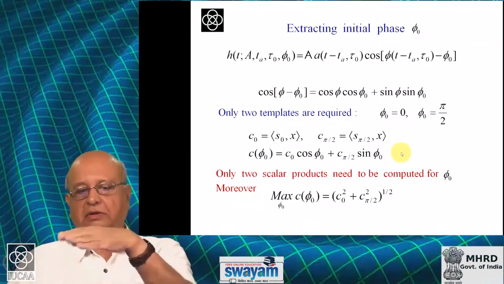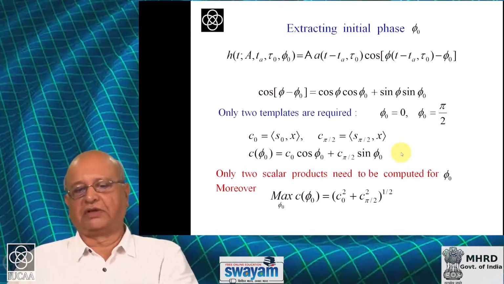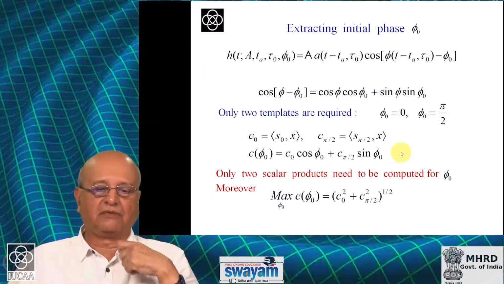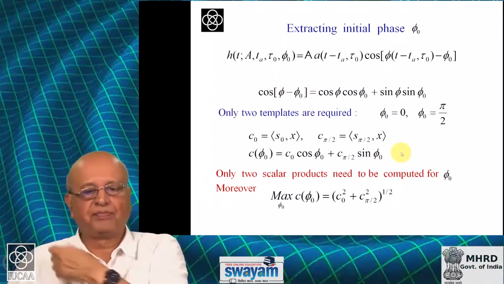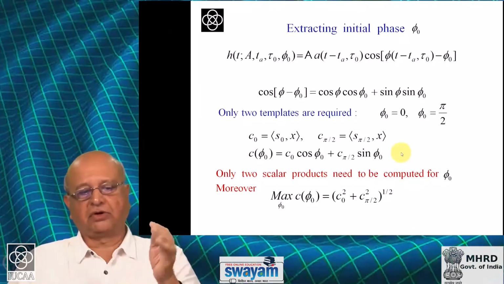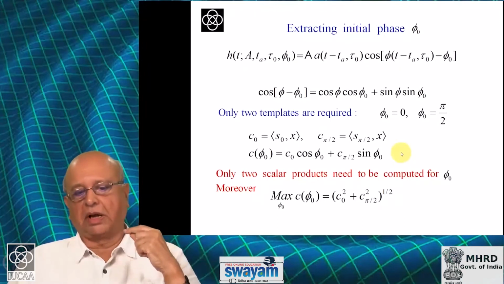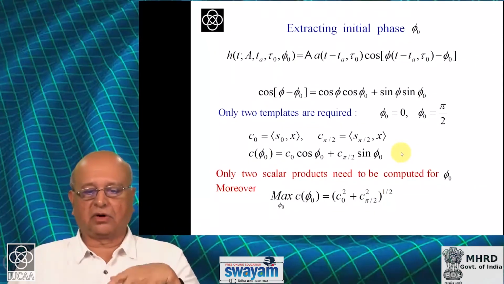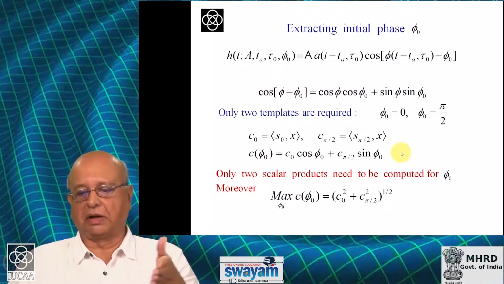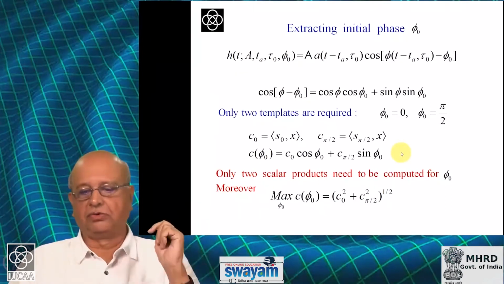Anyway, let us see how the phase is in fact extracted. I explicitly show how this is done. The waveform is given by h of t equal to A into this and so on. But now cos of phi minus phi naught is cos phi cos phi naught plus sin phi sin phi naught. This is the identity we use.